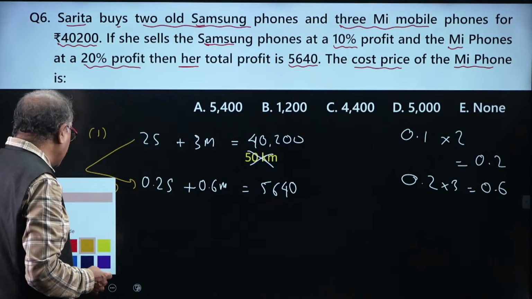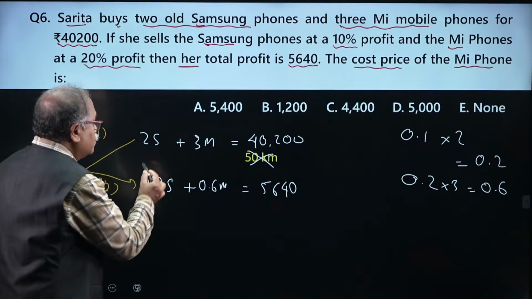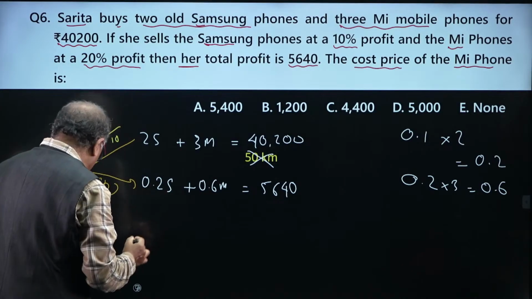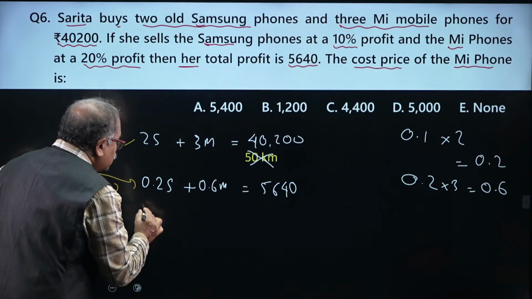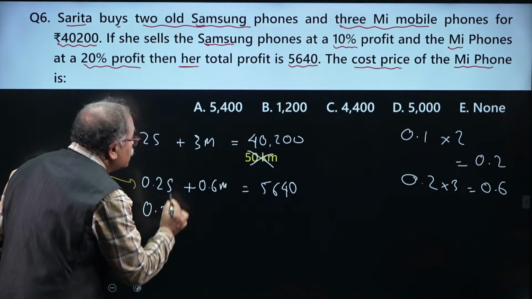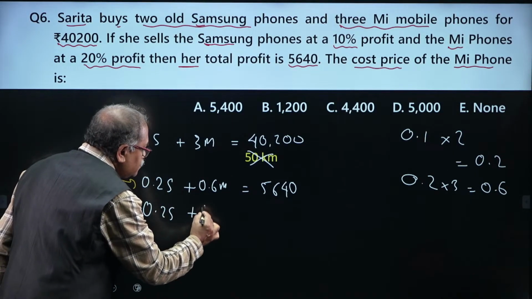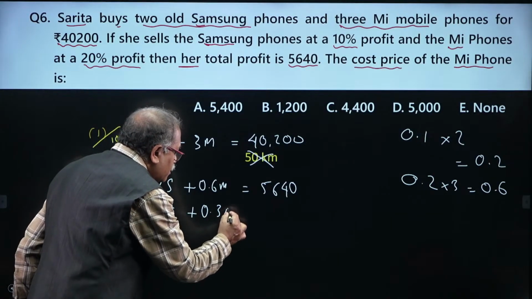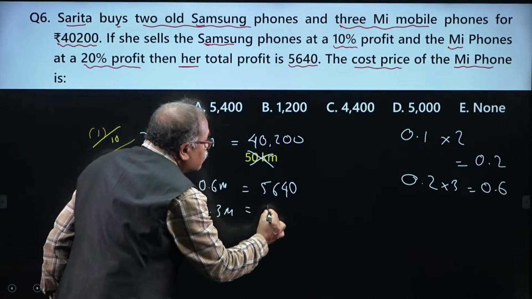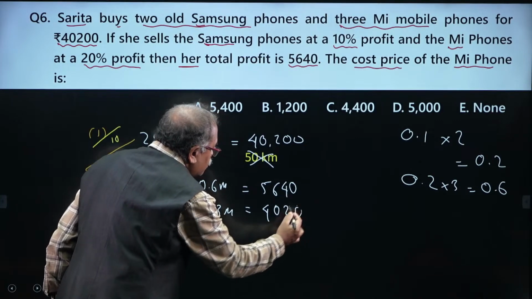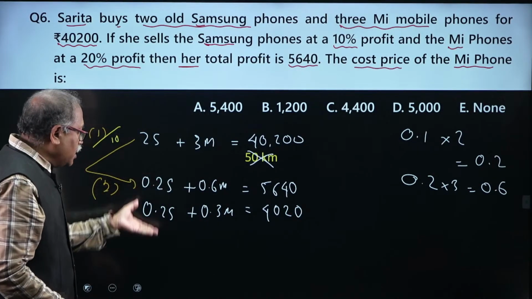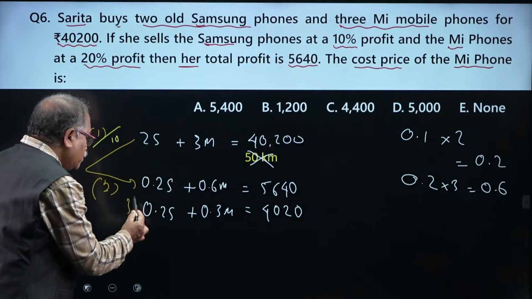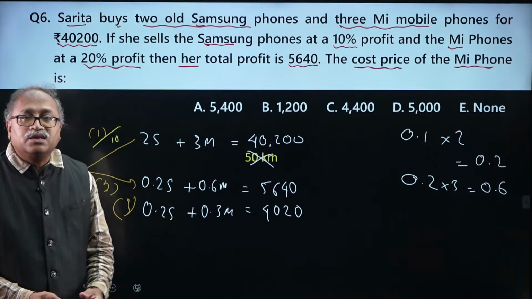In the meanwhile, if you get the answer, please do that. I am dividing equation 1 by 10, so that I will get over here 0.2s plus 0.3m, which is equal to 4020, and I will now use equations 2 and 3 to cancel s and get the value of m.